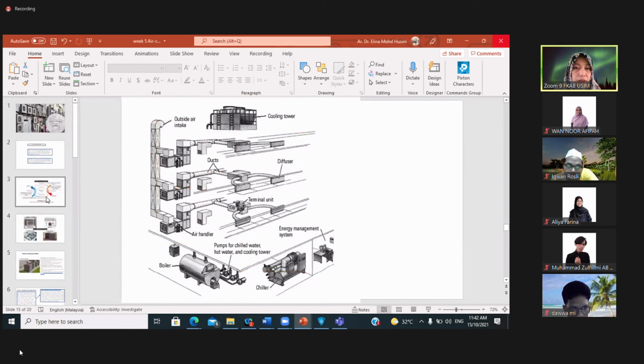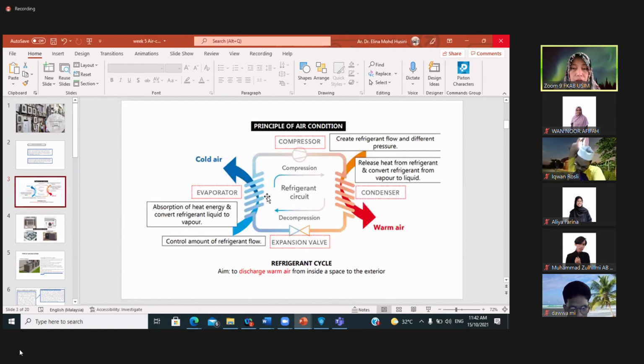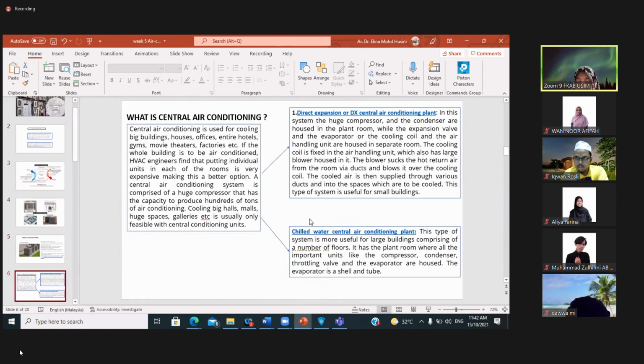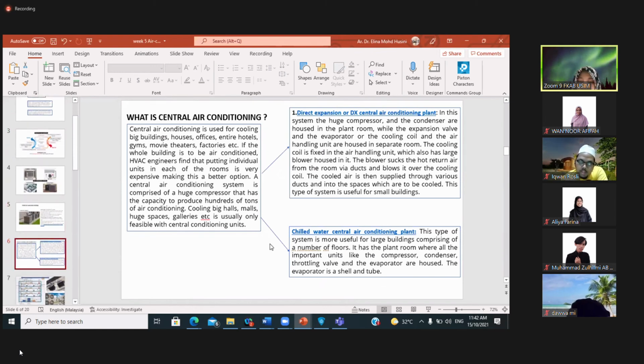Macam tadi, the first slide shows the principle of air condition, cold air, warm air. Kenapa it happens? Okay, then why we need the control system, control room. Okay, I think this one you kena baca. Okay, yang ni you akan baca dia ada compressor. Bila ada chill water, because you are using central air conditioning plant, then you must provide the area inside the plant room.